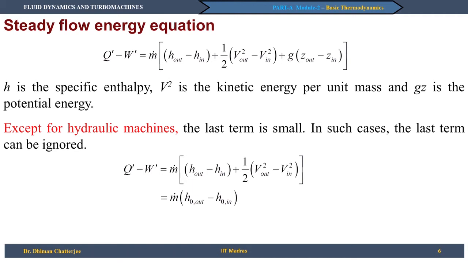I am introducing a new term here, which is H 0, and you can easily understand H 0 is nothing but H plus half V square, which means H 0 out is nothing but H out plus half V out square, and H 0 in is nothing but H in plus half V in square. This H 0 is called the stagnation enthalpy.